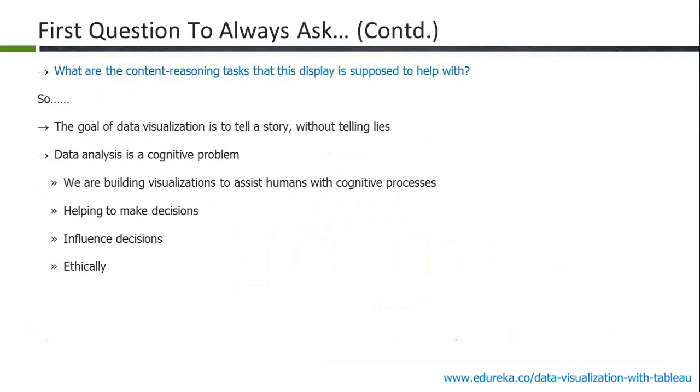The goal of data visualization is to tell a story without telling lies, of course, which we talked about right now. Data analysis is a cognitive problem. We are building visualizations to assist humans with the cognitive process, helping them to make decisions, make strategies, understand data, and take inferences out of it. Influence decisions. Sometimes we will not be able to find something with naked eyes.